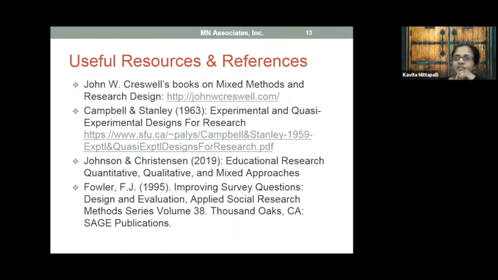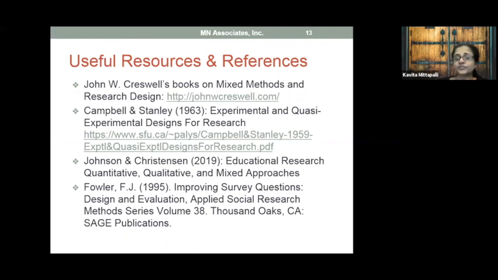Then Campbell and Stanley do a decent job of talking at length about experimental and quasi-experimental design. They go heavy into statistics. They go heavy into sampling and sampling methods and methodology. So if you're interested, this link talks about some of the basics of conducting experimental and quasi-experimental designs.